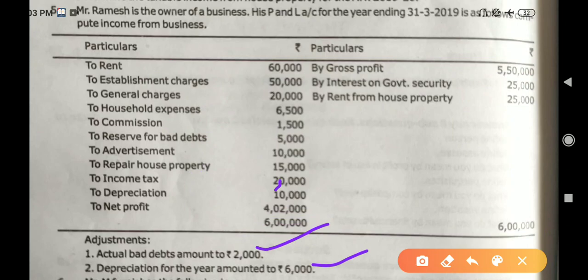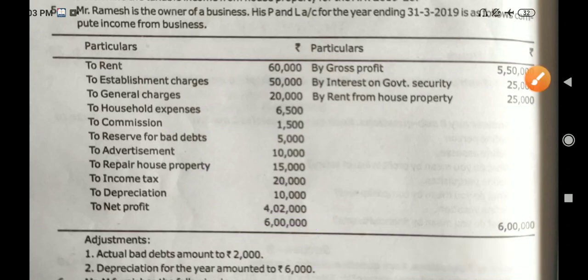If the depreciation is given in the adjustments, that is understood as allowable depreciation, which is not debited in the profit and loss account. So you need to consider depreciation for the year, 6,000 rupees, in less items.